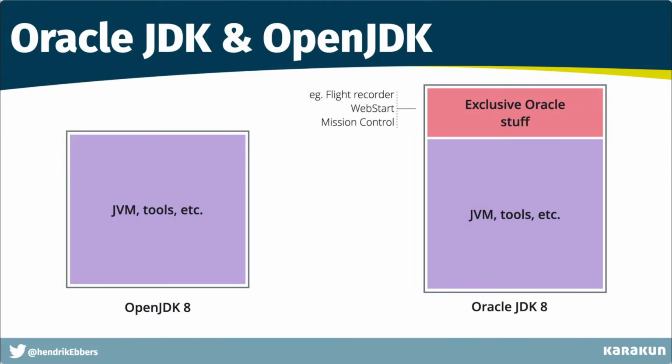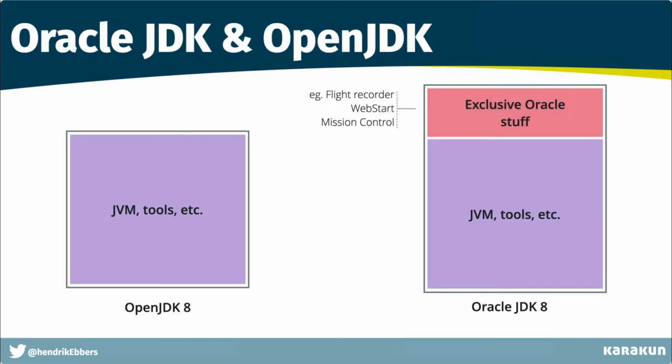Examples are the flight recorder, web start, or mission control. And such tools, when you downloaded the Java runtime from Oracle, are compiled and part of the runtime, and you are able to use them. But all these tools were never open sourced.